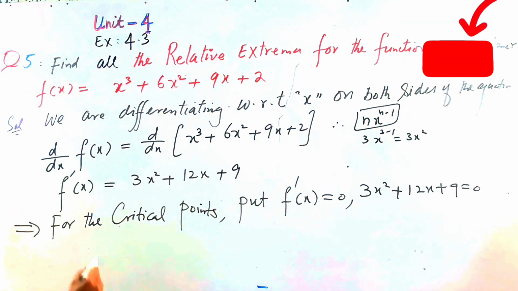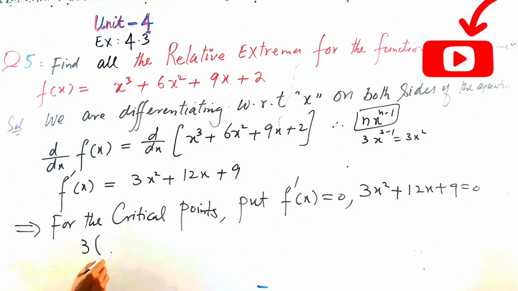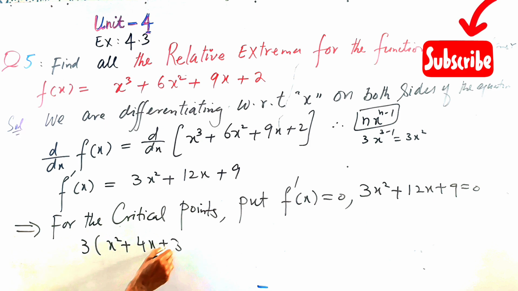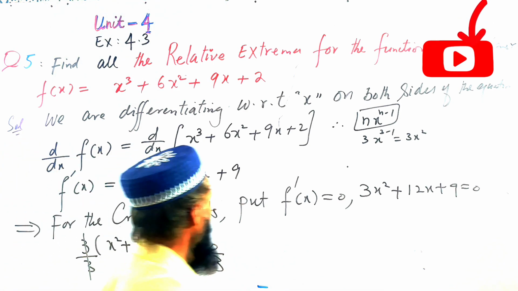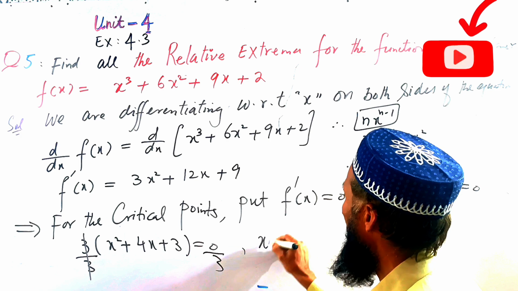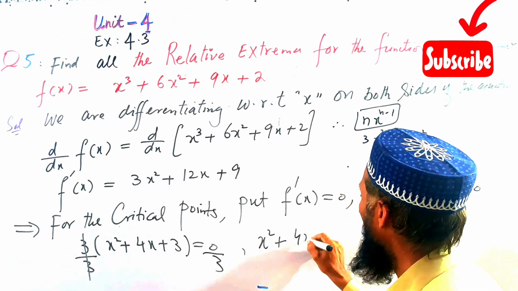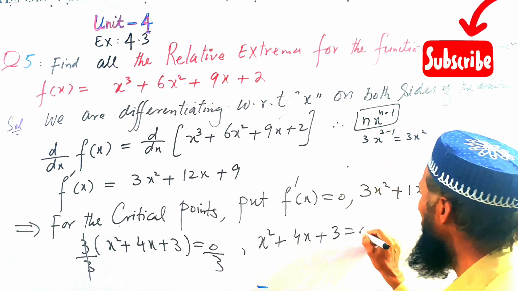Here 3 is common, so we get 3(x² + 4x + 3) = 0. Dividing both sides by 3, we get x² + 4x + 3 = 0.